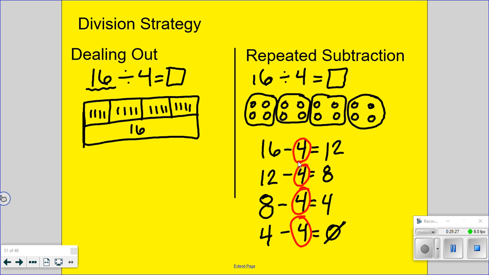And here's one group of 4. So this tells me if I have 16 things and I want 4 in each group, how many groups do I get? Well, we just figured it out. 4.